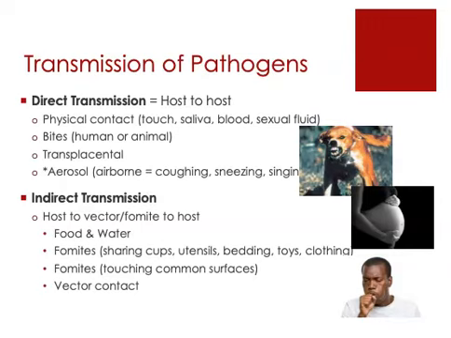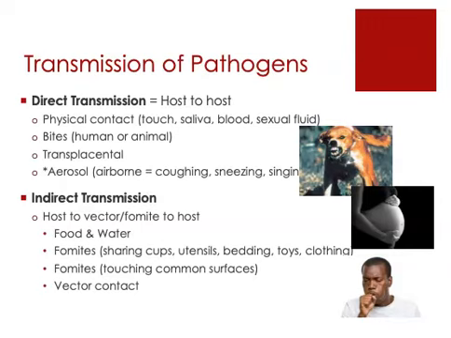This is when the infected host contaminates something like a fomite or gets bitten by a vector that picks up the infectious agent, and then the infectious agent travels to the next host. So there's direct transmission, which is host to host, and then indirect transmission, which is host to something else to host.